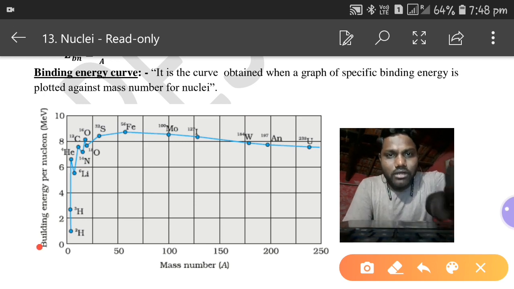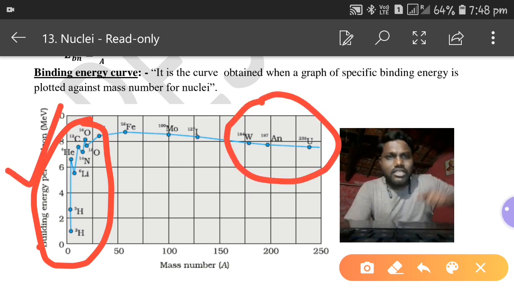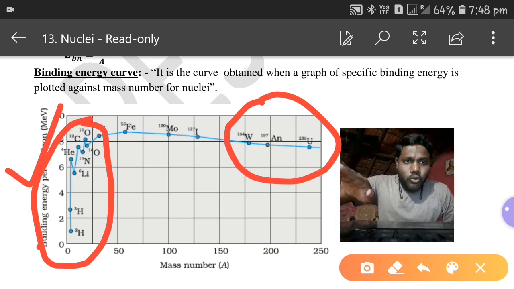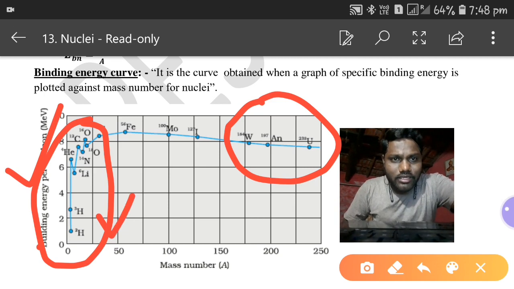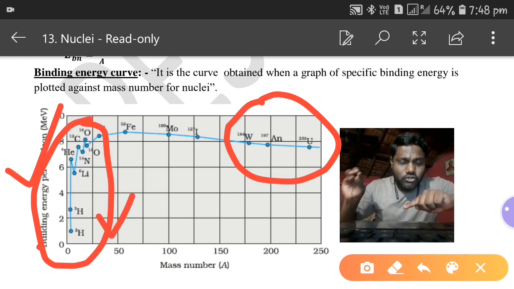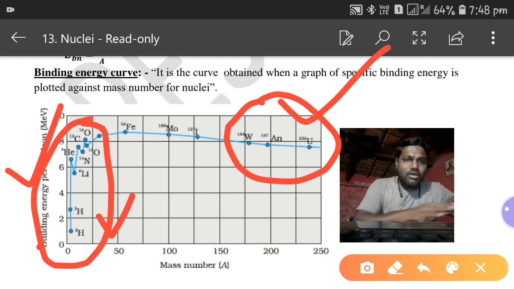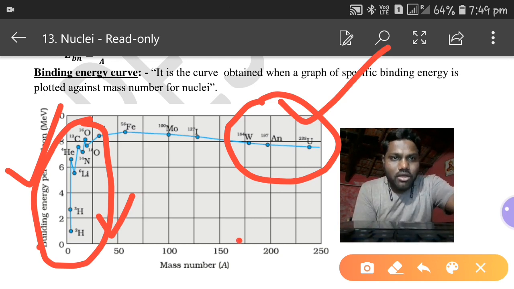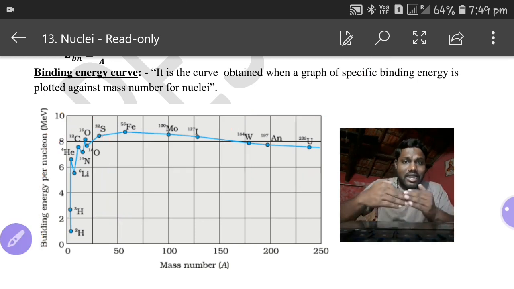Look here, in this region the nuclei have mass number less than 30, and in this region the mass number is more than 170. These elements have less binding energy.